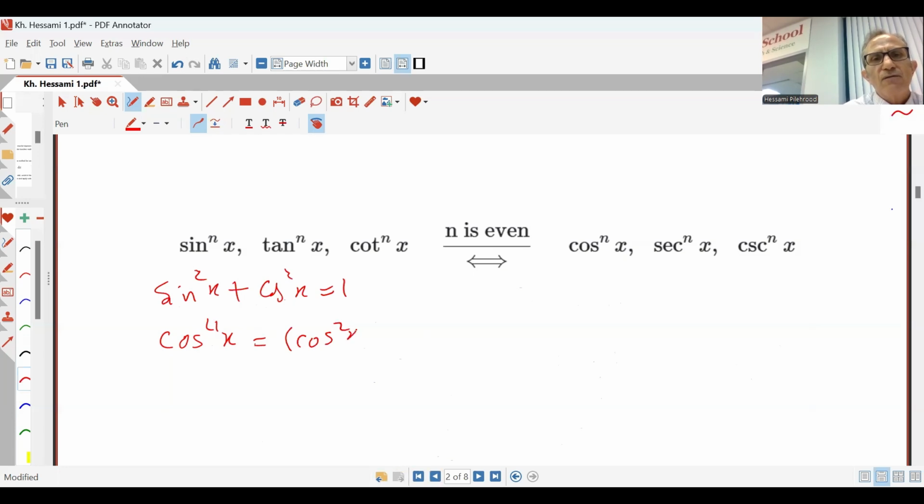Cosine square of x, squared. From the first identity, we get cosine square of x equals 1 minus sine square of x. We replace that cosine square of x by 1 minus sine square.